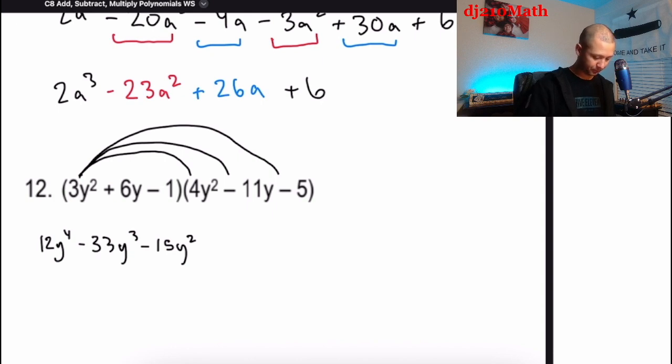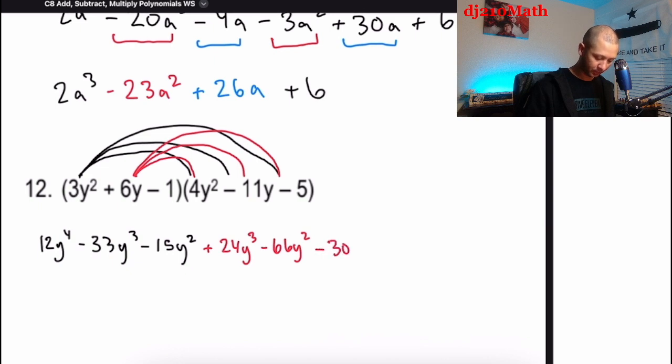Okay, middle term, plus 24y cubed. Middle terms, negative 66y squared. Last term, negative 30y. Last term, negative 4y squared. Second term, or the middle one, positive 11y. And then the last is going to be positive 5.